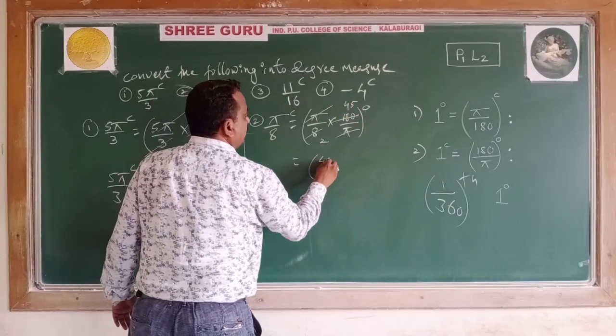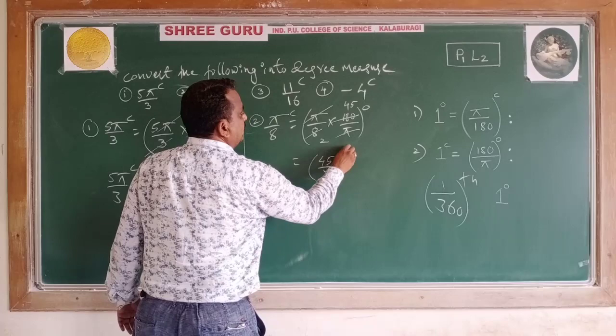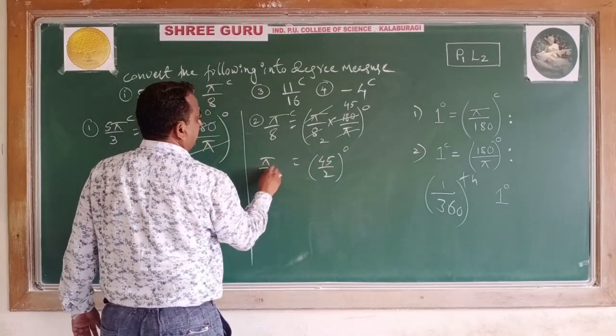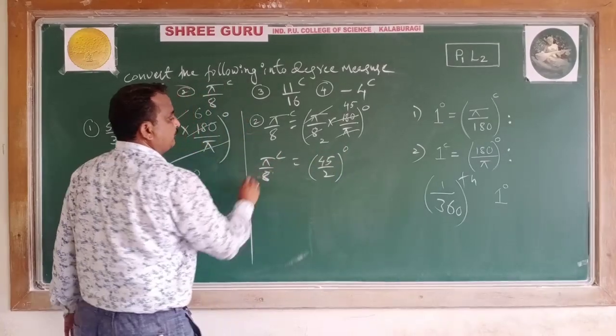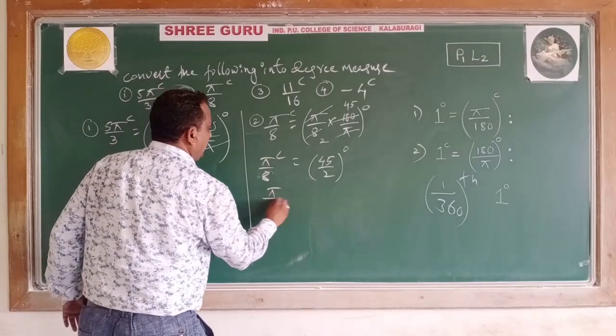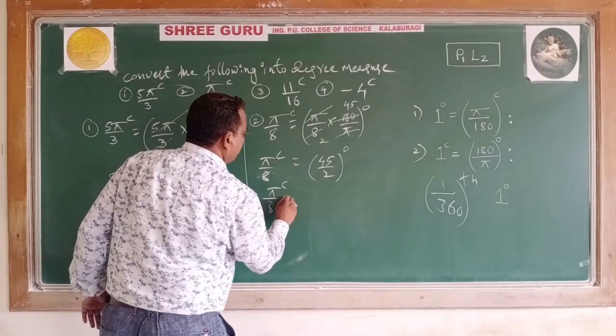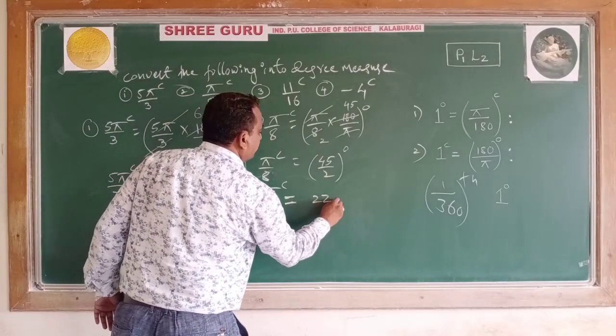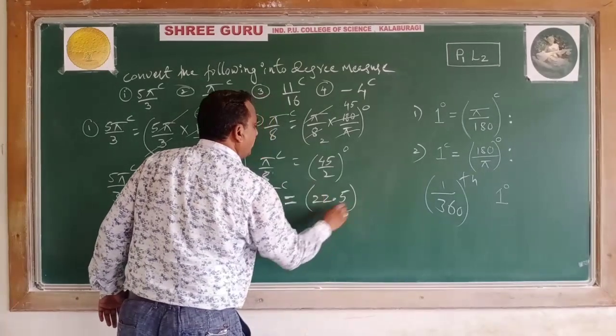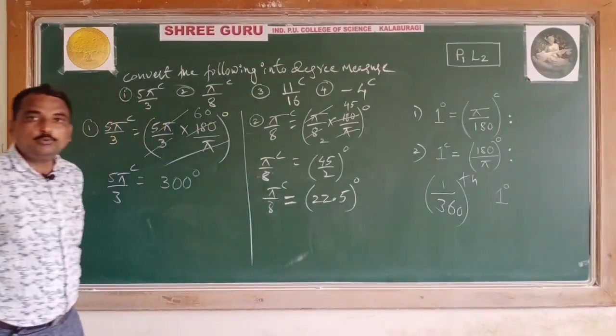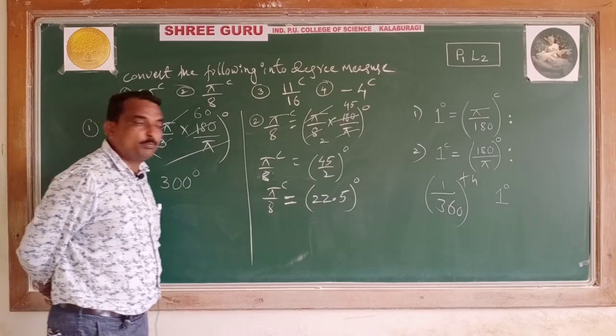So 45 by 2 degree it is. You get a fraction. 45 by 2 becomes 22.5 degree.